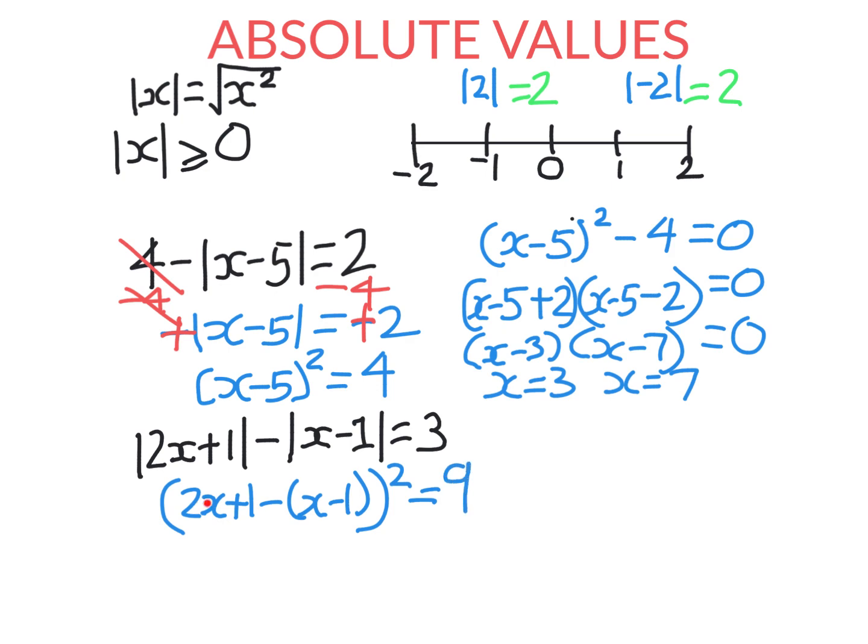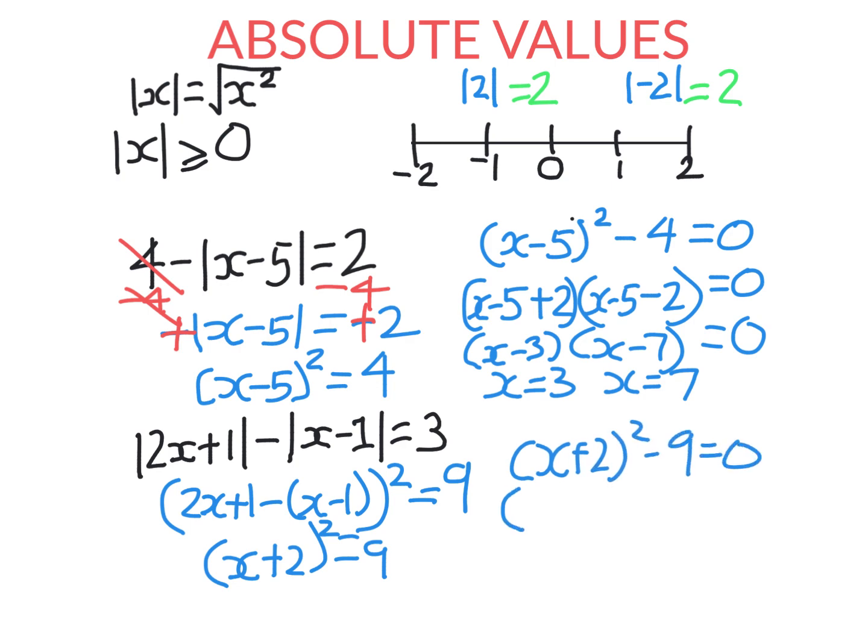So collecting like terms here, 2x minus x is x. Then I have 1 subtract a negative 1, I get positive 2. And once again, I need to subtract 9 because I need to have one side of the equation equal to 0. So I get x plus 2 squared minus 9 equals 0.